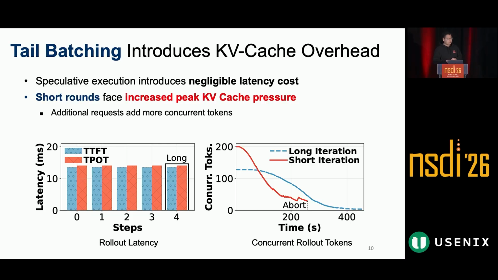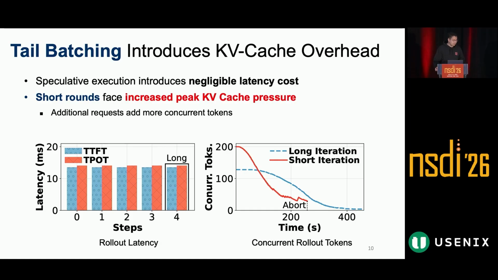However, as we are launching additional redundant prompts and responses, the concurrent output tokens between long rounds and short rounds will be significantly different. We can see in the figure on the right, where the red line shows the concurrent tokens of short rounds. For example, when we launch 1.25 times more responses and prompts, initially the concurrent rollout tokens of the short rounds get 1.6 times higher than that of the long round.